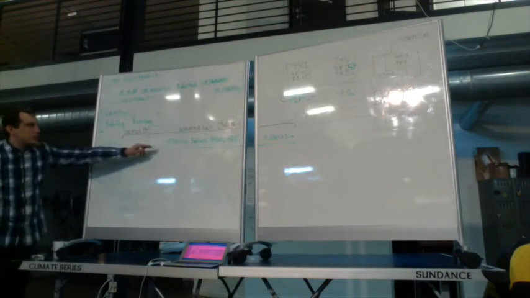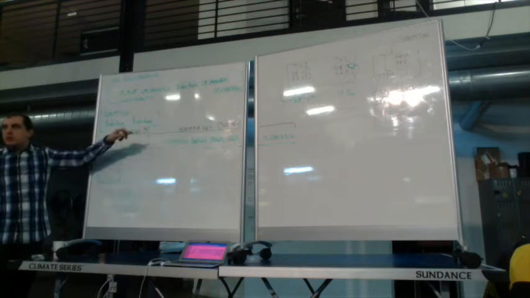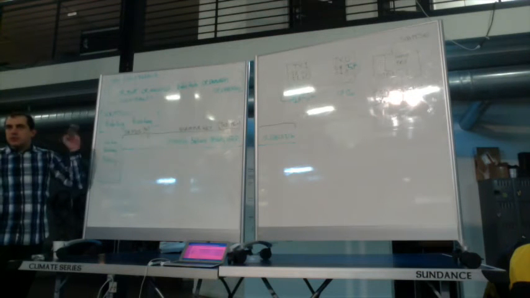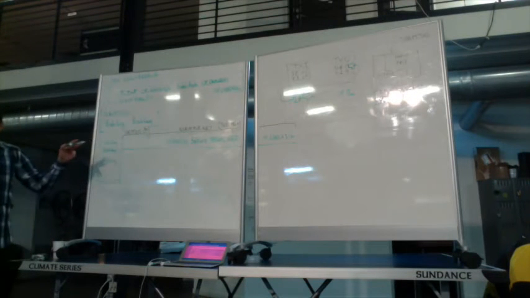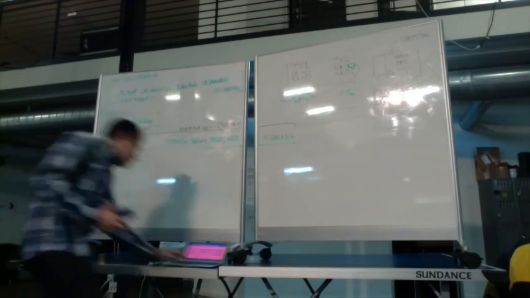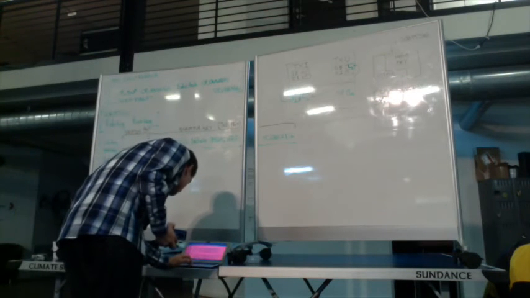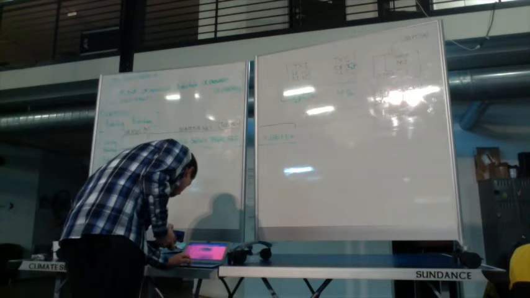So op hash 160 takes one operand, pops it off, calculates the 160 double hash of that operand, right?